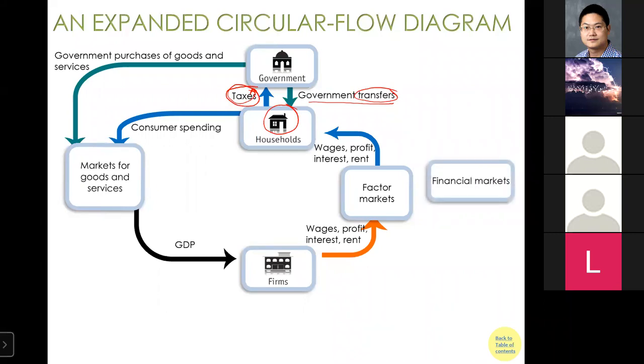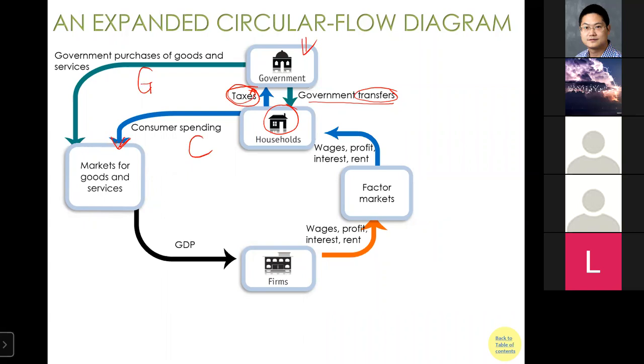Okay. So now we have a government, right? So besides the consumer spending, now we have government also is going to spend.